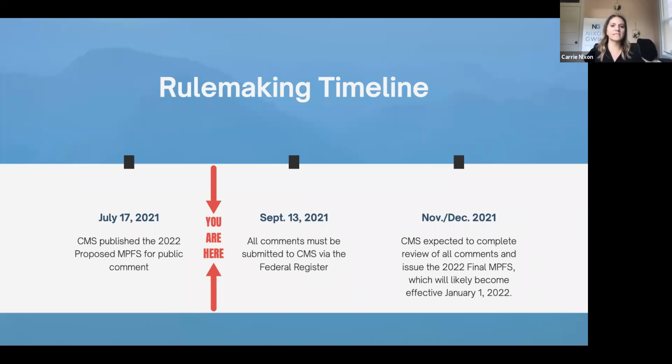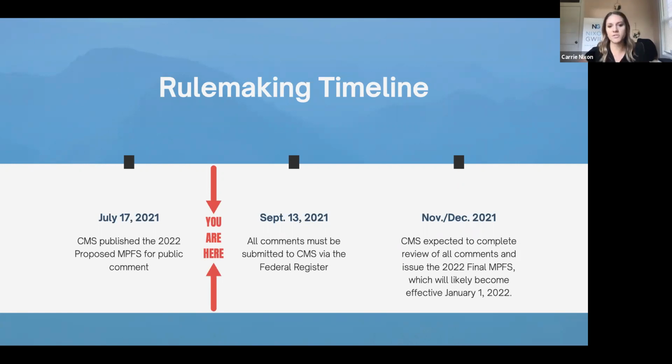Okay, quickly, here is the rulemaking timeline. If you have been paying attention, you will know that on July 17th, CMS published the proposed Medicare physician fee schedule for 2022. By law, CMS is required to give stakeholders an opportunity to submit comments for them to consider before they come out with the final rule.